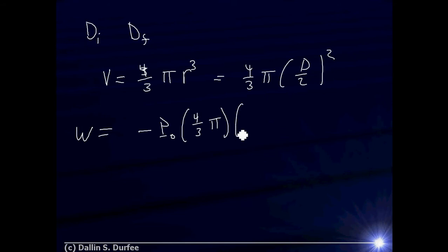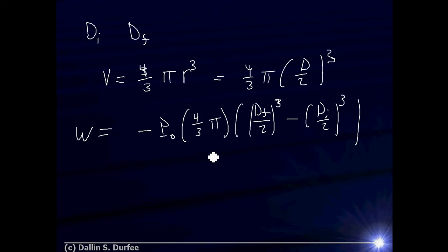Let's factor that out. The final volume is going to be d final over 2 cubed, and then the initial volume goes as d initial over 2 cubed. Sorry, that should be cubed. Alright? And so that will give us the work done, and the change in internal energy then is just going to be the Q that we're given plus that work.